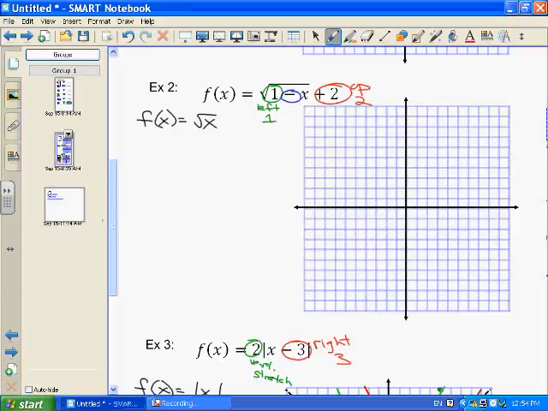Flips it over the. It is on the inside of my function. That means I caught my letters wrong this morning. But it's on the inside of my function, so it should be flipping over the y-axis.